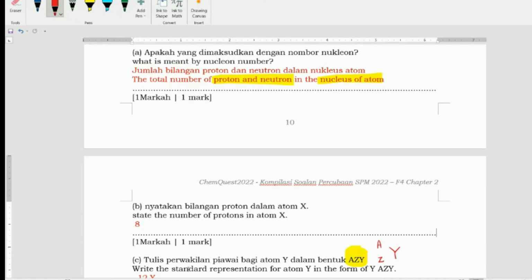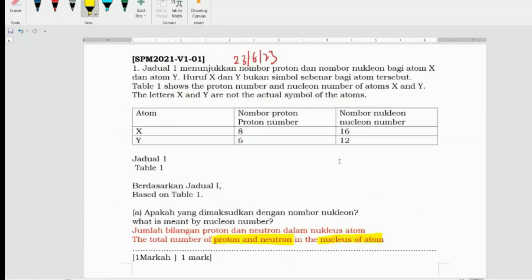This one we call it standard representation. Perwakilan piawai, standard representation. Jadi A, Z itu apa? A itu apa? Z itu apa? A is nucleon number. Correct. Z, proton number. Yes. Okay. So if like this, we look into Y. Y proton is 6, nucleon number is 12.